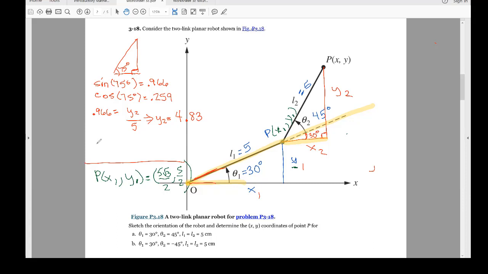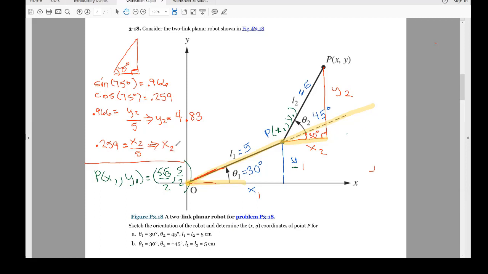And again, I'm going to do the same thing with the cosine. I have 0.259 is equal to x2 divided by 5, which means that I'm going to multiply both sides by 5.